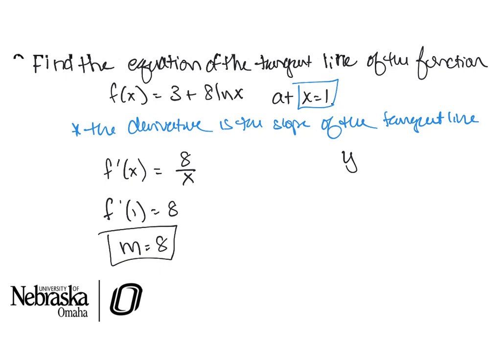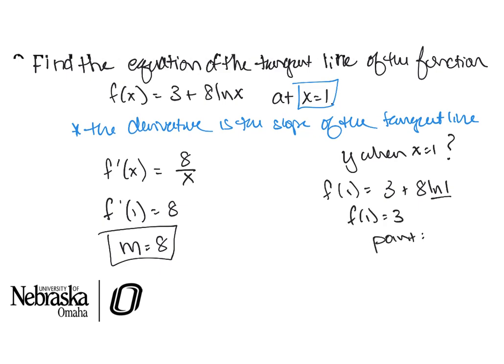What is y when x is 1? So we go back to the original function and plug in 1. Now, in case you didn't know, natural log of 1 is 0. Anything to the 0 power is equal to 1. You can try it in your calculator as well, but natural log of 1 is 0. So f of 1 is 3. That would mean we have the point (1, 3). X is 1, y is 3, and we have a slope.